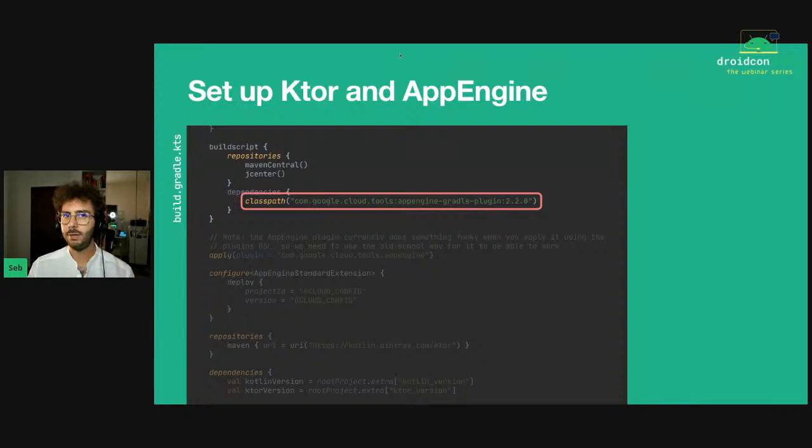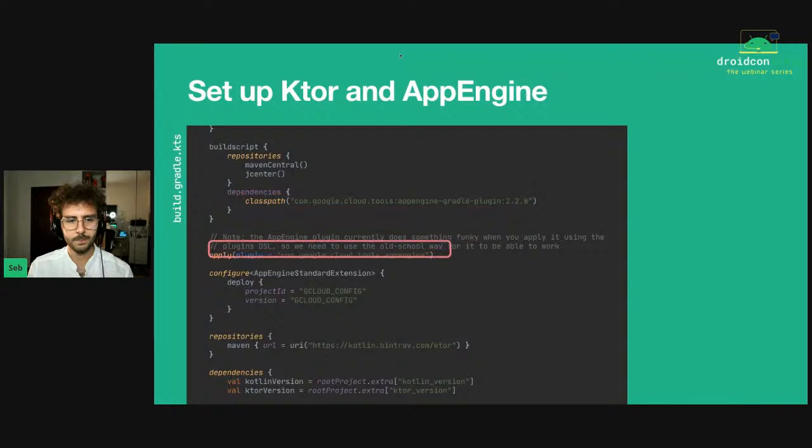We do it the old-fashioned way because if we do it with the plugins closure, unfortunately, especially with the Kotlin Gradle DSL, there are some problems. There's a bug that makes the build not work because there's some timing assumptions that are fairly broken, at least as of the version you see on screen, 2.2.0. Hopefully, they're going to fix it in the future.